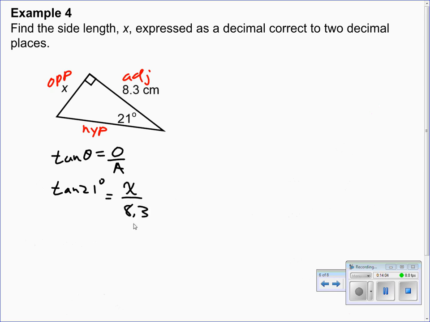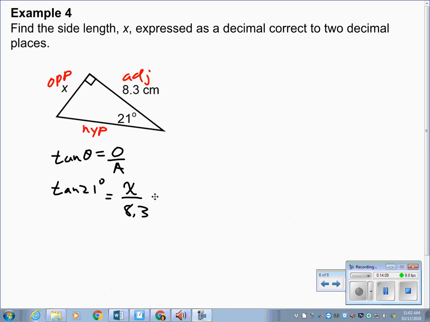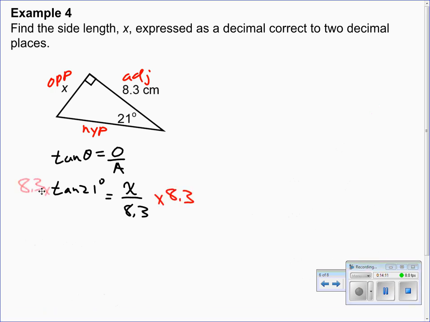Right, x divided by 8.3. We start off by multiplying both sides by 8.3, right? And that gets rid of the 8.3 on the bottom of x. So now we're left with 8.3 times tan 21 equals x.